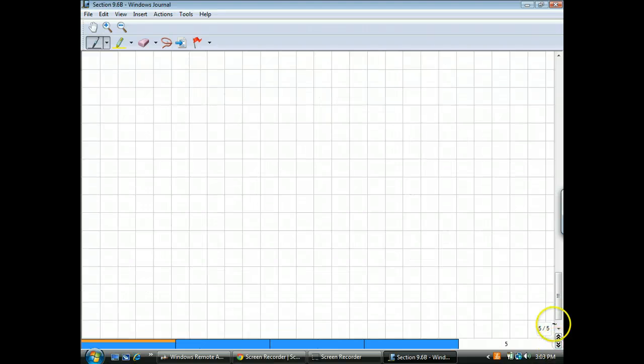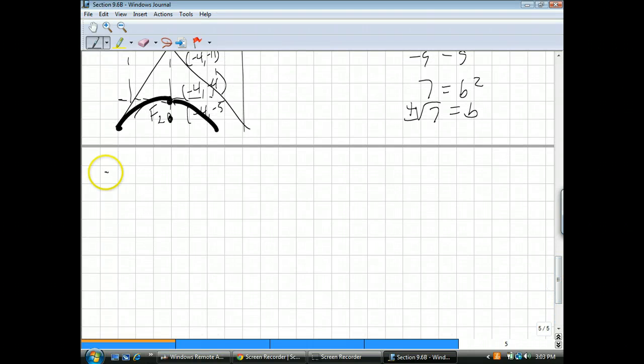We also, given the equation in standard form, want to be able to put it in graphing form. And we can also identify what kind of conic it is. So let's say I give you this one.